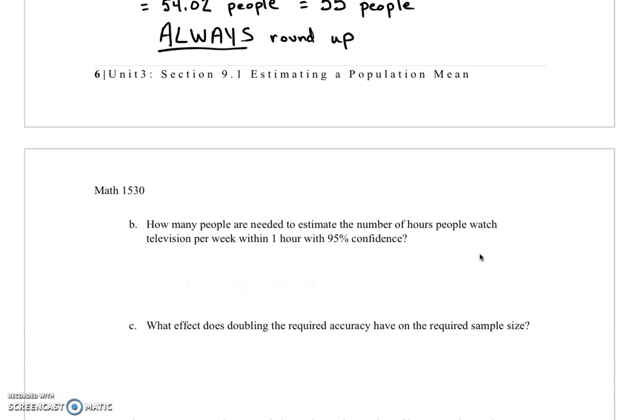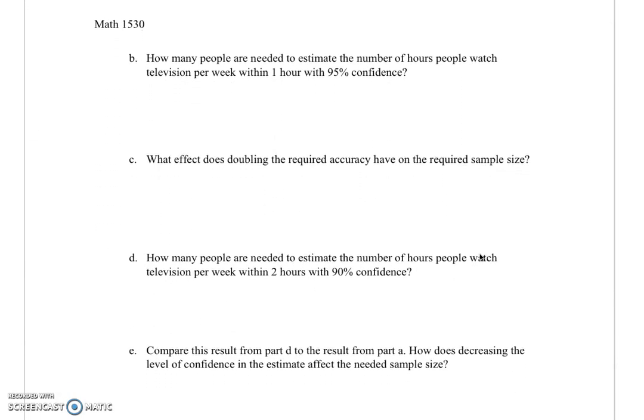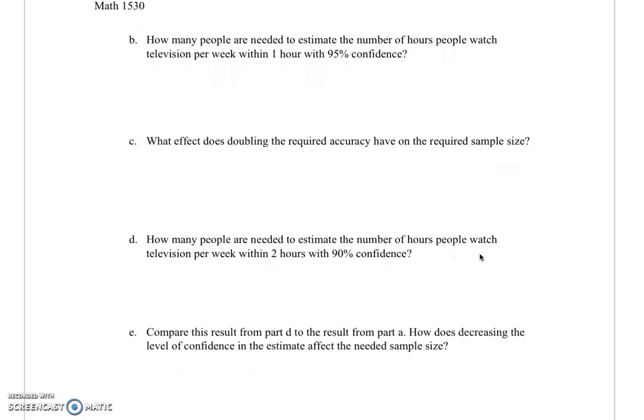Okay, let's do another one. How many people are needed to estimate the number of hours people watch television per week within 1 hour with 95% confidence? So, since our confidence level is the same, our critical value is the same. And remember, we use all the decimal places because it makes our answer more accurate.